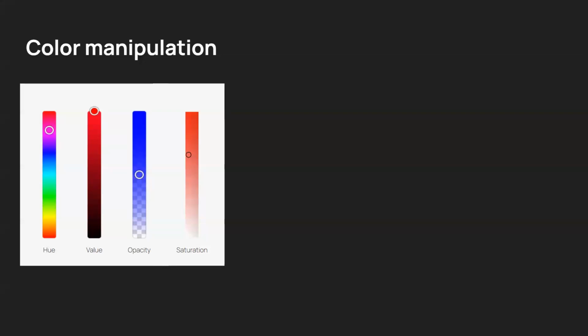So first of all, your hue, that's just what your color is. If you want a blue, just move the thing down. And value, this is how bright or dark the color is. If you want a deeper shade of a green color, simply move that slider down around halfway and you can get your deeper shade.